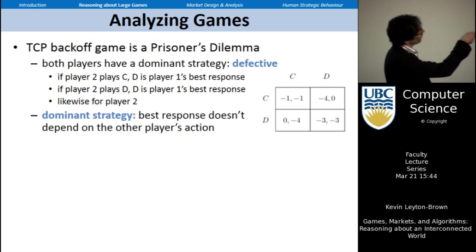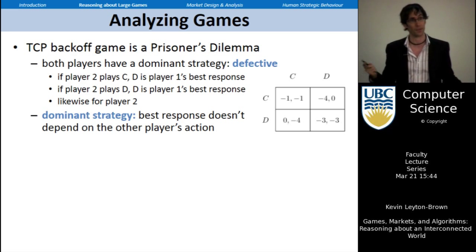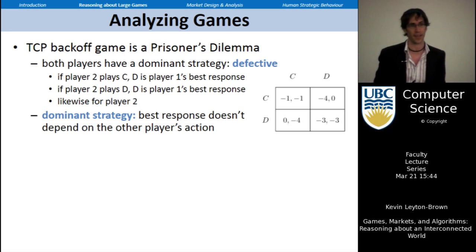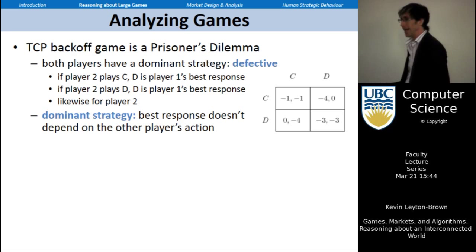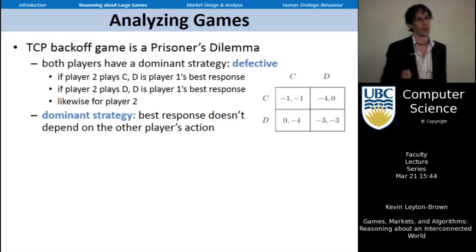On the other hand, if player 2 was to play D, then I have a choice between a delay of 3 and a delay of 4. That's not as good for me as the case that I was in before, but what remains true is that the right thing for me to do is the same. It's still better for me to play D than it is to play C. And that means my best response doesn't differ when I change the other person's action. I have a single thing that really is kind of the right thing for me to do.